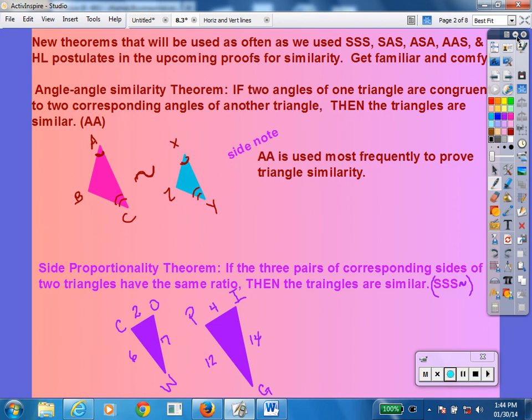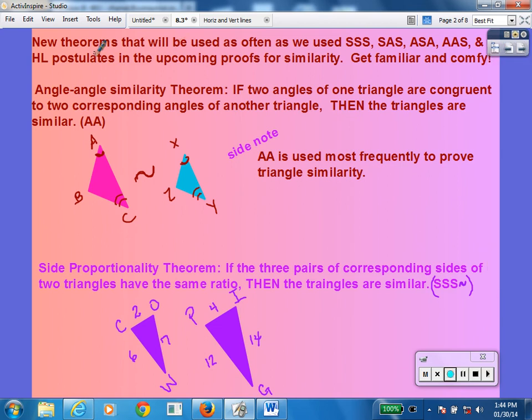All right, so here's the first theorem. Notice that these theorems will be used as often as you used side-side-side and side-angle-side, all of the postulates for congruency. We're going to be using theorems for similarity, so you need to get familiar with them. The first one is the angle-angle similarity theorem.